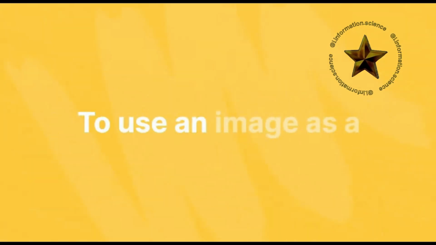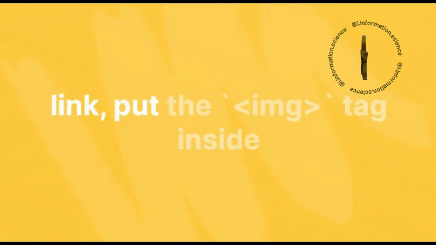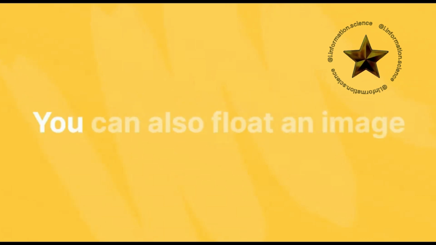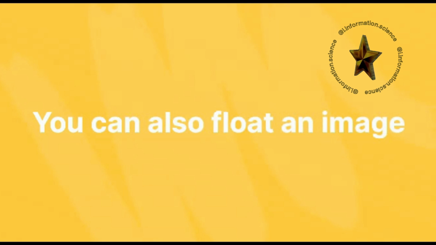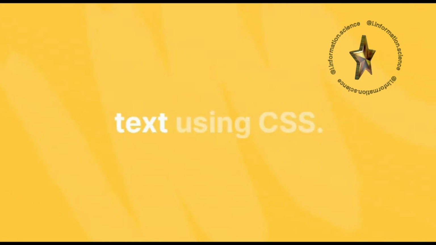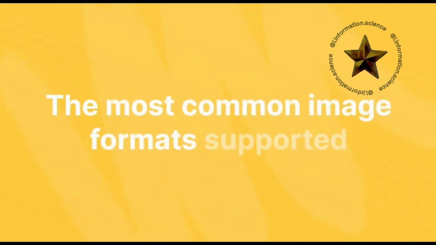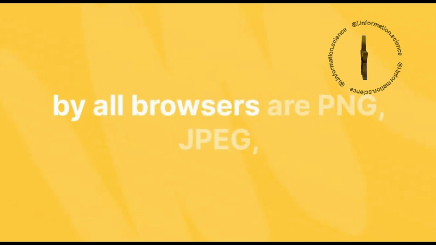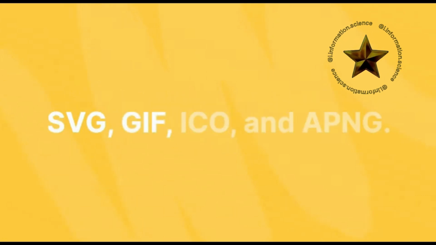To use an image as a link, put the img tag inside an a tag. You can also float an image to the left or right of text using CSS. The most common image formats supported by all browsers are PNG, JPG, SVG, GIF, ICO, and APNG.